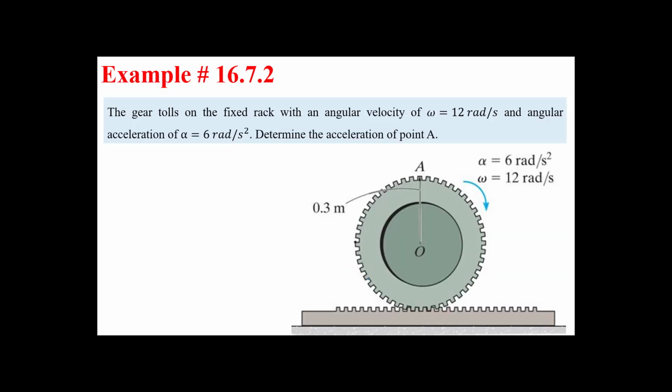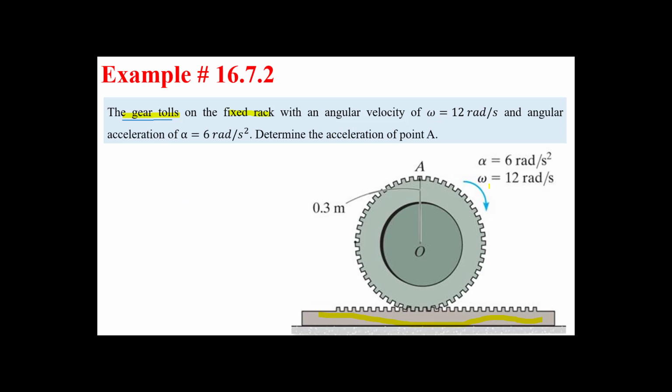Okay, now let's move to the question. Now, in this question, what do we have? A gear. This is a gear on a rack, this one, with an angular velocity of omega.